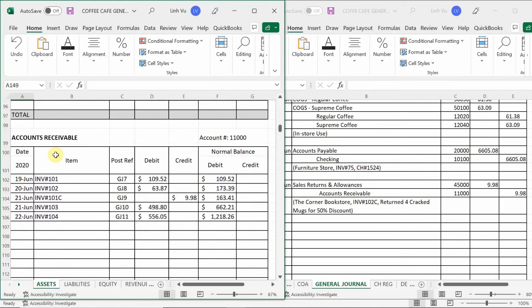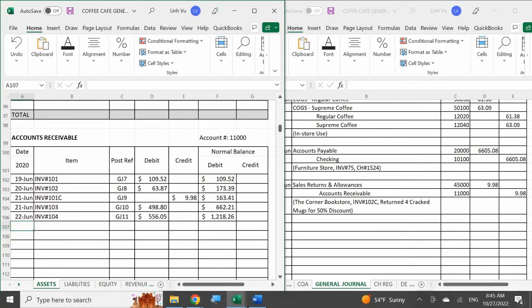Accounts receivable. We're on General Journal 12 here.